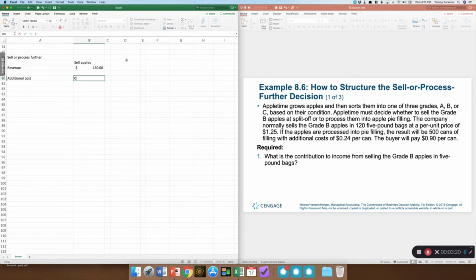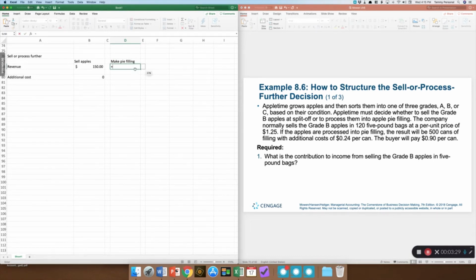If they make pie filling, the revenue is going to be 500 cans times 90 cents, 0.9. So they're going to have $450 of additional revenue, but their costs are going to be 24 cents times those 500 cans.